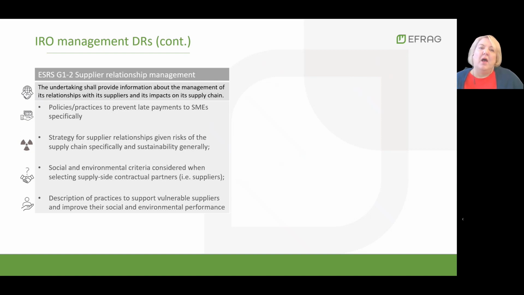On this point, but it is a more broad point, I do want to emphasize that whenever you look at the topical standards, so the 5 environmental standards, the 4 social standards, please do not view them individually. You have to read them in the context of our 2 cross-cutting standards, ESRS 1, general requirements, and ESRS 2 on general disclosures.